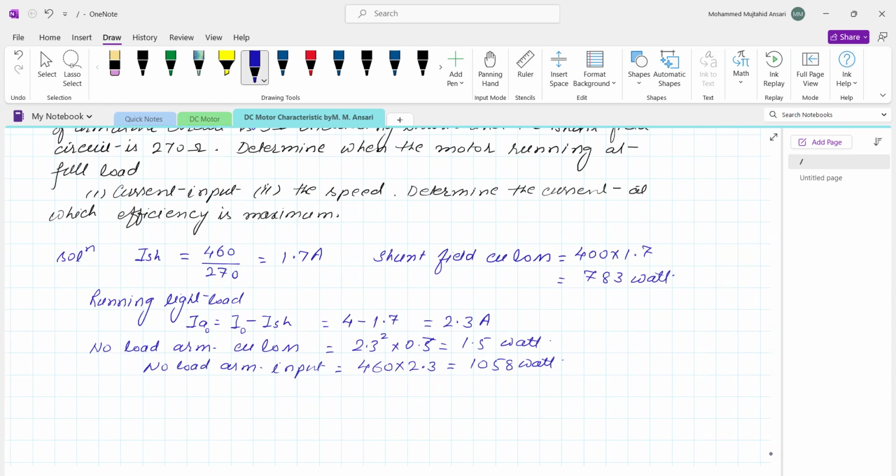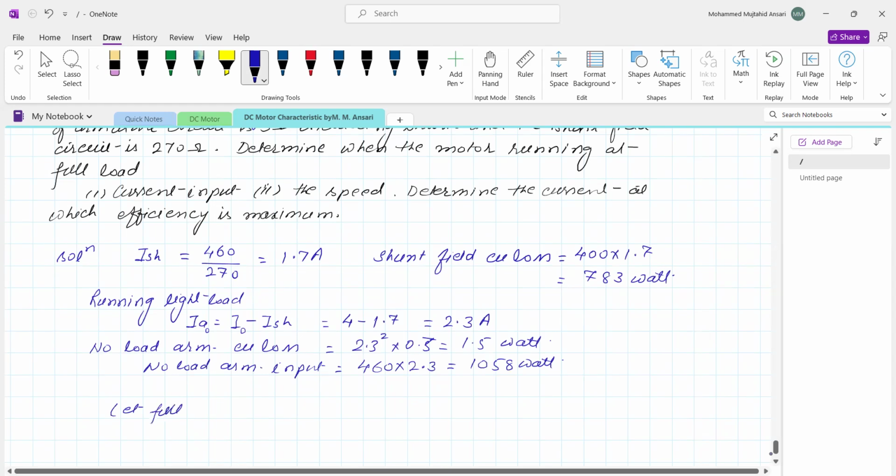Now, it is given that the frictional and windage losses will be assumed to be constant. So we will consider that the full load armature current is Ia, which we are assuming.